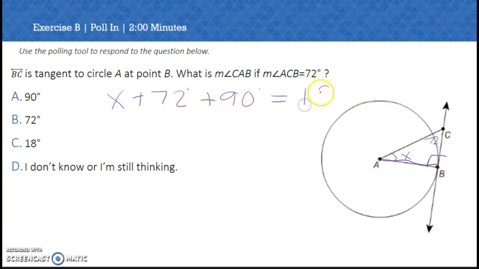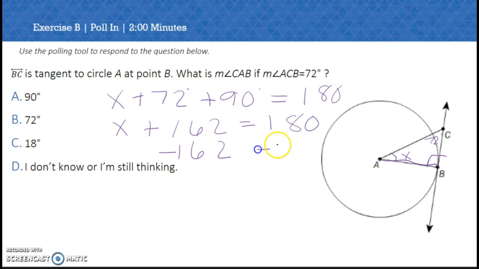Remember, that has to add up to 180 degrees for that triangle. So we have X plus 162 equals 180. To solve for X, we subtract 162. And we end up with X equals 18 degrees.